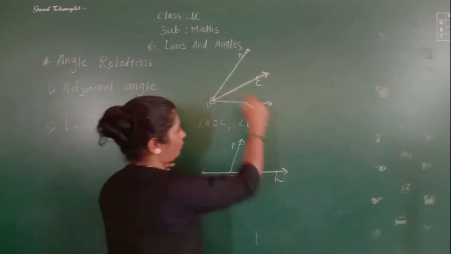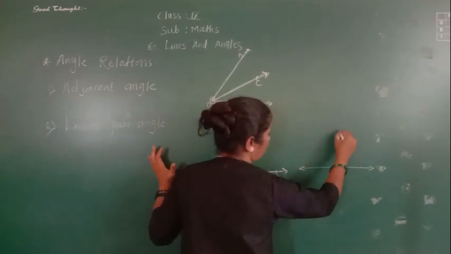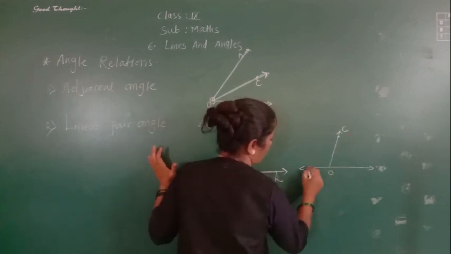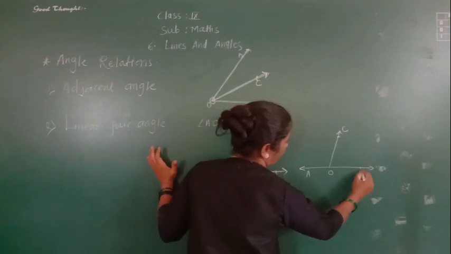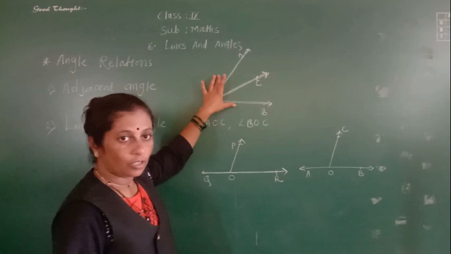Or for example, if you take the same here, this is OC, A and B, right? Here this figure also follows the same rule, right?